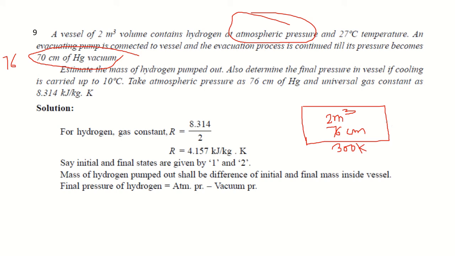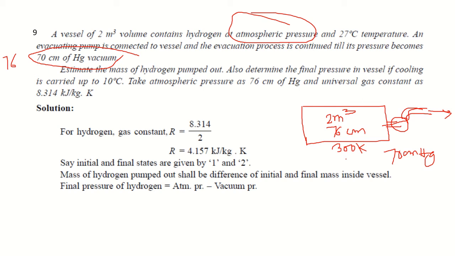Then I'll connect a pump to this one. So when I take out some gas, its volume is the same, but the pressure will become 70 centimeters of mercury.